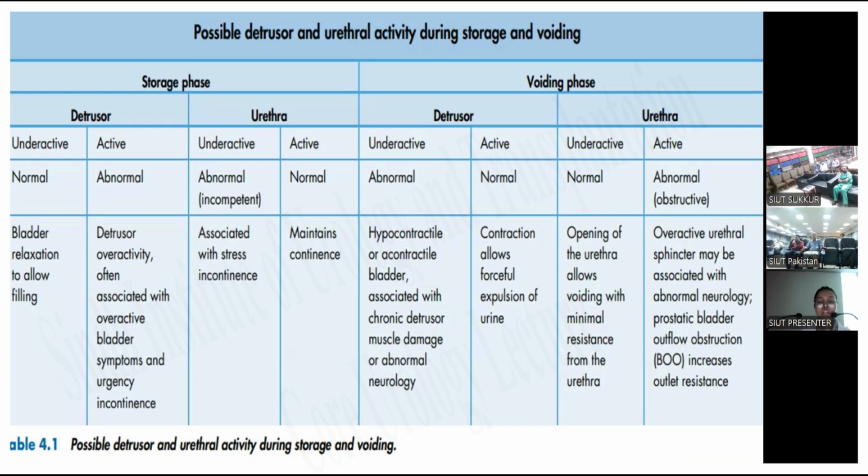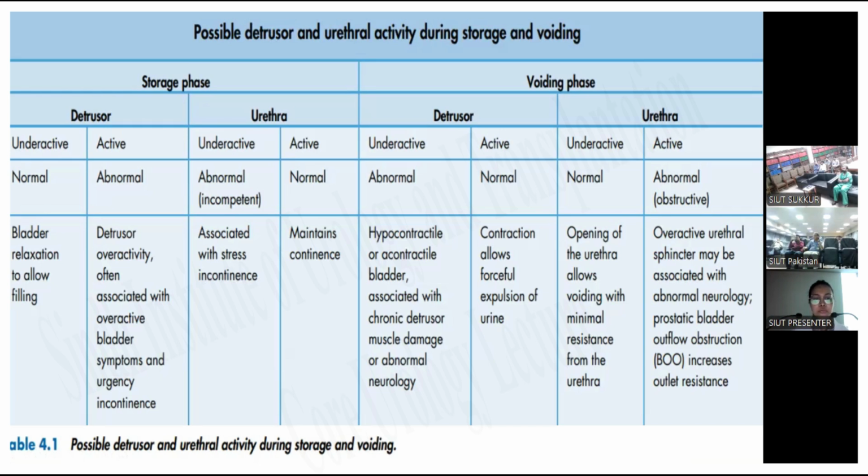But if there is any abnormality with the voiding phase, it again could be due to the detrusor muscle. If the detrusor muscle is underactive, it cannot contract properly, so it would lead to stasis and be unable to propel the urine outside. But if it is due to urethral abnormality, in this case it is obstructive. If the urethra is not opening properly, not relaxing properly, it will lead to obstruction and again lead to stasis, and the patient is unable to void or evacuate.